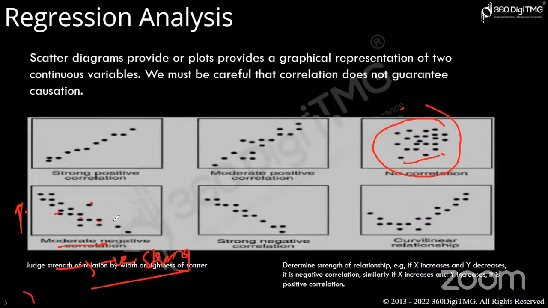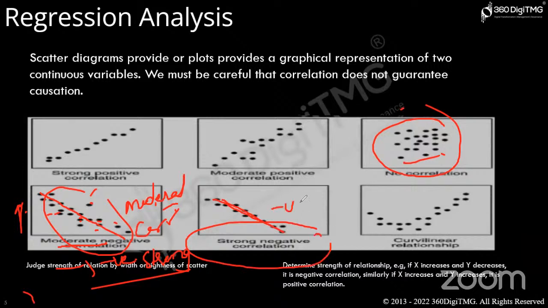So here we don't really have just linear, so we can say it is a negative but moderate correlation. Here you have linear. In that case, you can say negative strong.